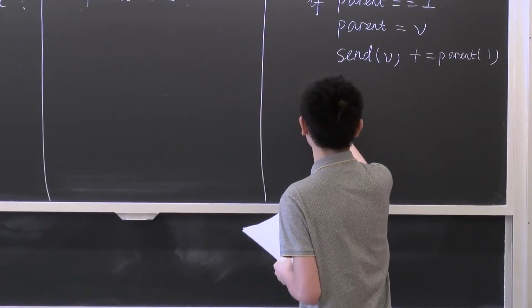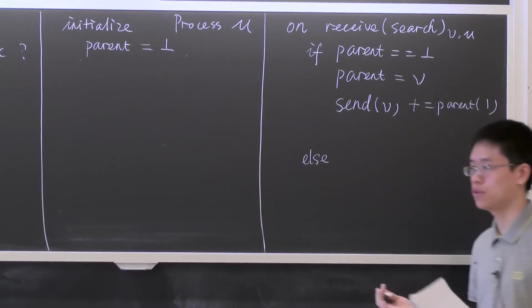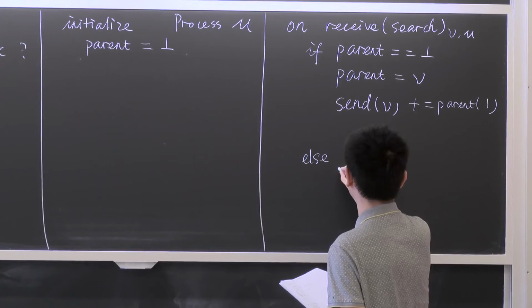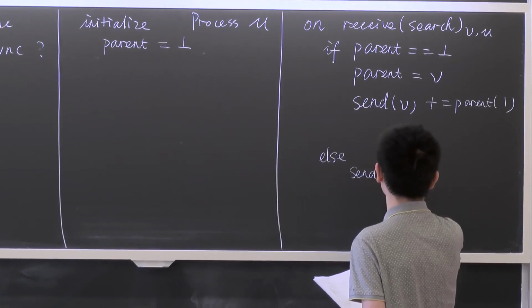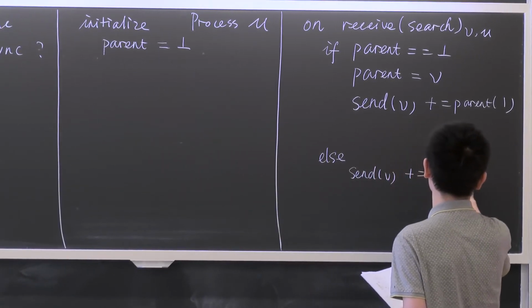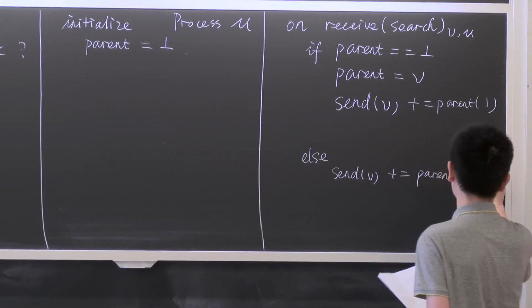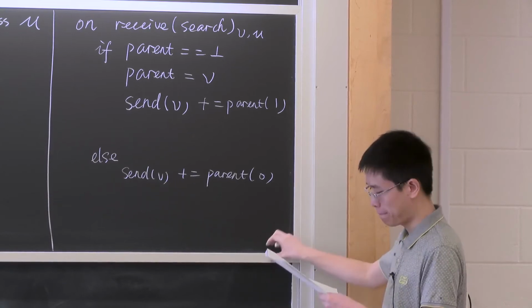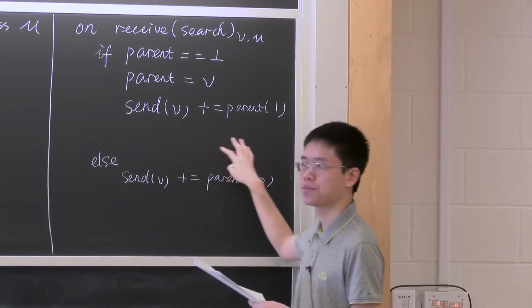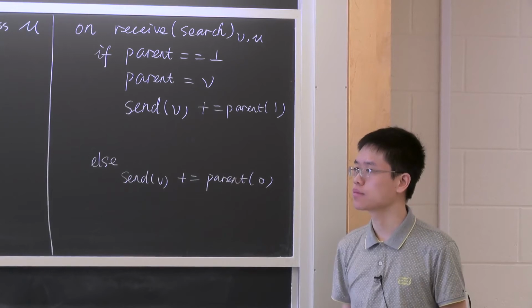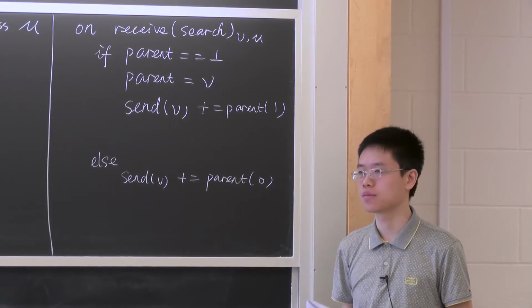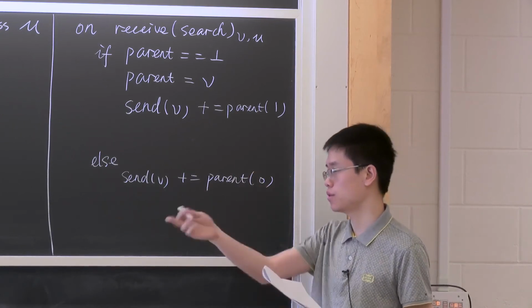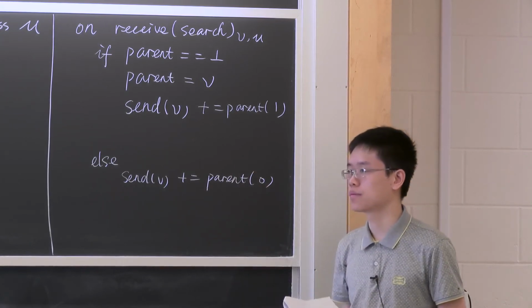Then else, we also have to respond by saying parent 0. You are not my parent, because I already got some other parent. Okay, I'm missing a step here. If we receive a search message, we need to send messages to all the other nodes.